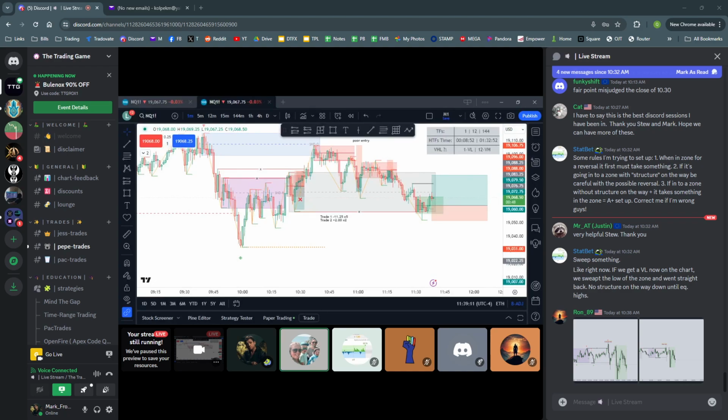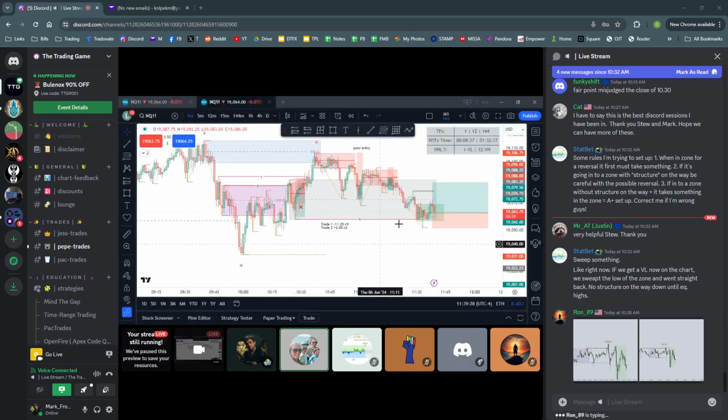Sweep something. Like right now, if we get a valid low on the chart, we swept the low of the zone and went straight back. No structure on the way down until equal highs. I think he's talking about exactly what we're looking at right here.